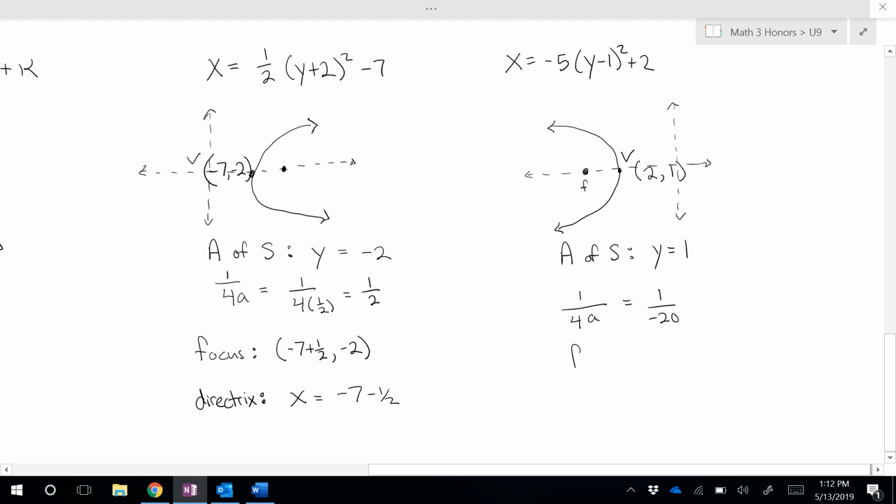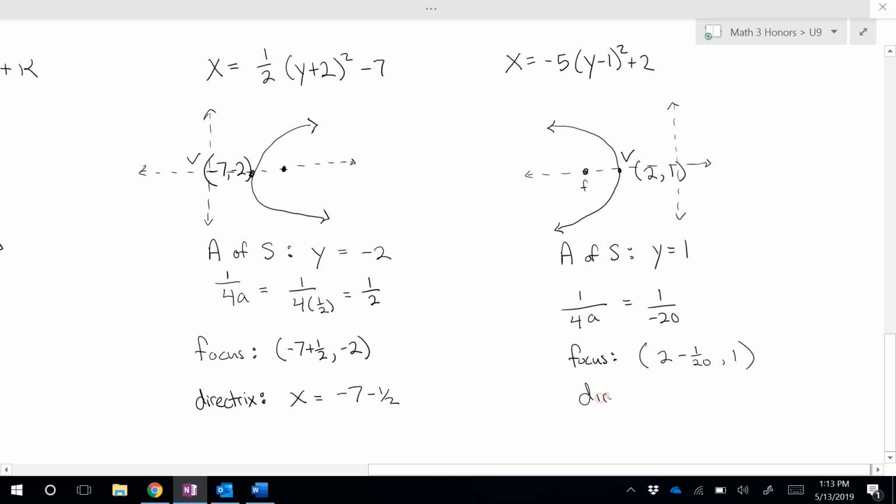Here, my focus. Okay, so starting at the vertex, I'm moving to the left now to get to the focus. And I'm moving a distance of negative 1 over 20. So where's that going to be? 2 minus 1 over 20, comma, same height, 1.